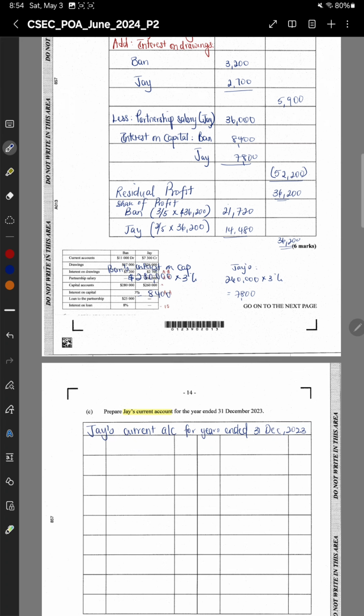We have 3 columns on each side. This should be date, details, and the dollar sign column, as in how much money, and then on the other side we come back with date, details, and dollar sign.